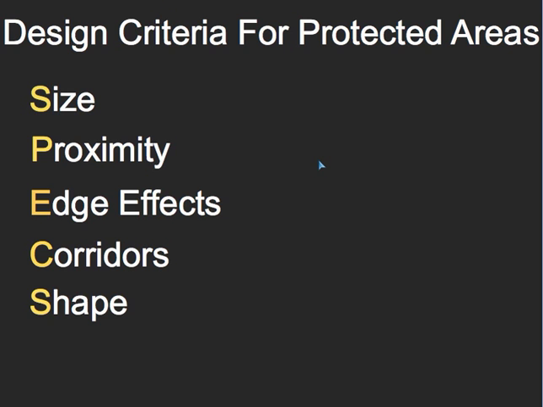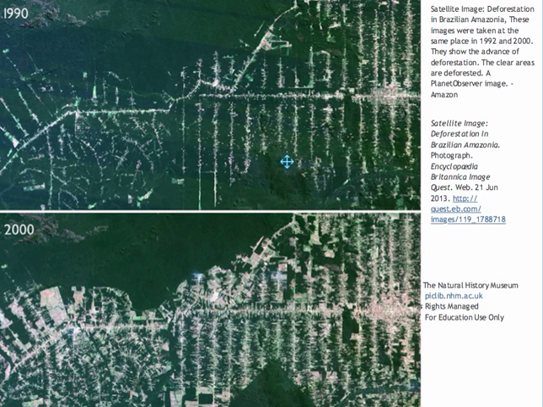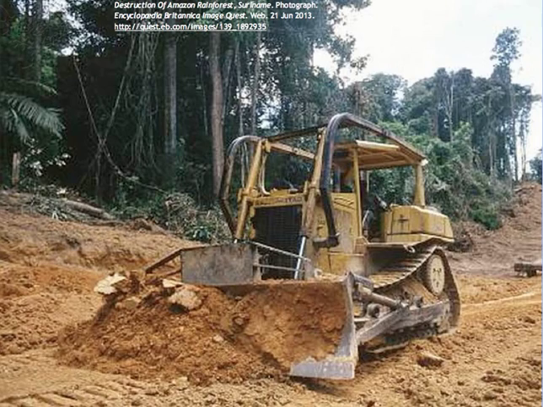In cases where it's difficult to have one large protected area because of fragmentation of the habitat, fragmentation of the kind that's occurring in Amazonia, for example, where the large expanse of tropical rainforest is being cut into smaller fragments as a result of things like logging.